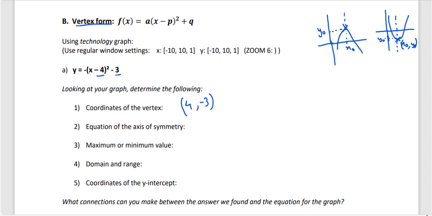Okay, the next one is the equation of the axis of symmetry. This is the equation in the standard format. In the standard format, if it is (x minus p) squared, then the positive p will be the axis of symmetry.